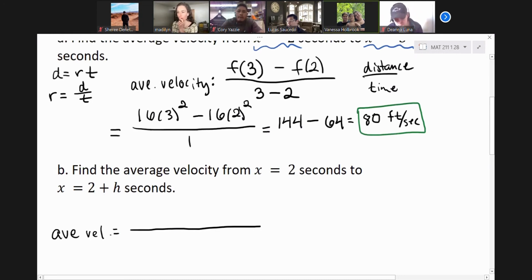Two plus h minus 2. So that will be the denominator? Yeah, so that'll be the time, because that's the later time minus the earlier time. Can you go ahead and just reduce that to h? Yes, we can.